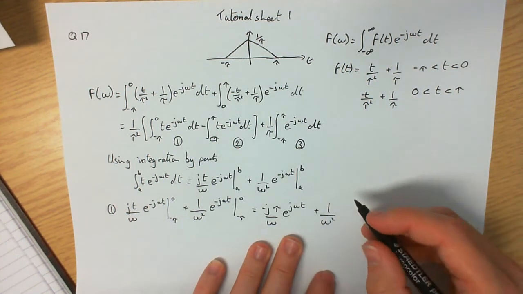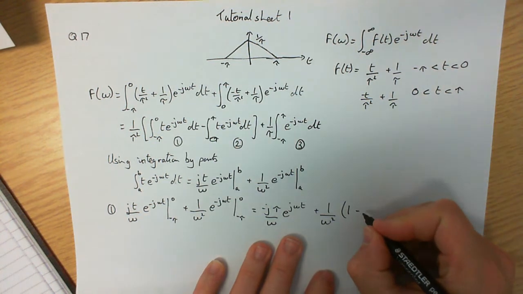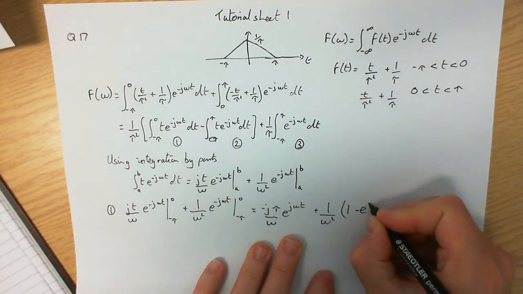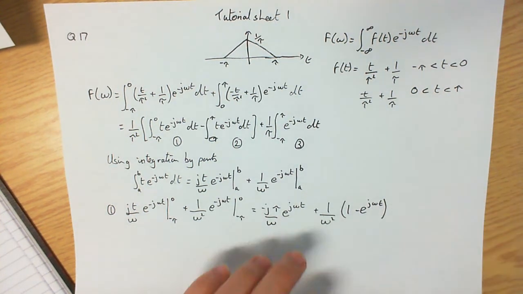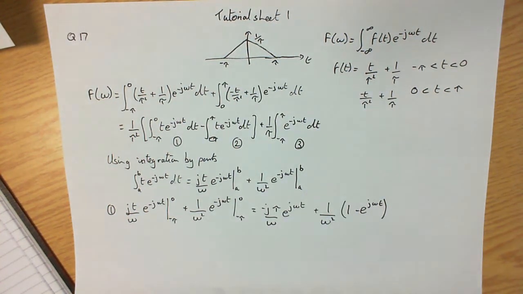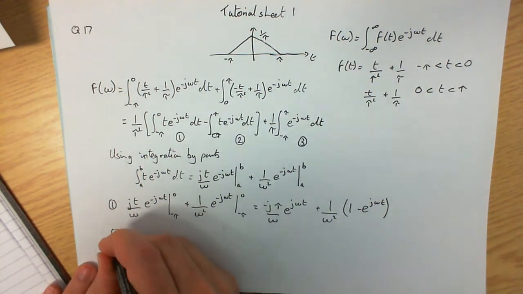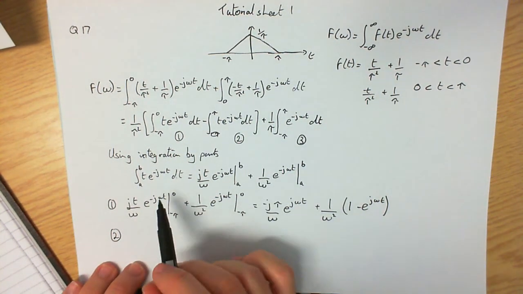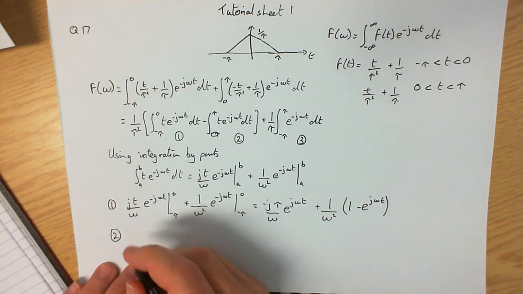We've got omega squared into 1 minus e to the j omega t. So that's integral 1. Integral 2 is the same integral except the limits are flipped.